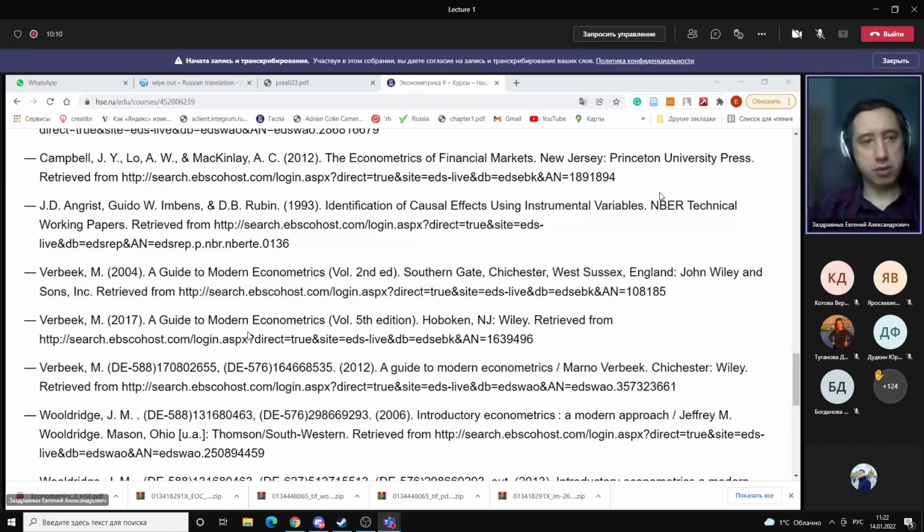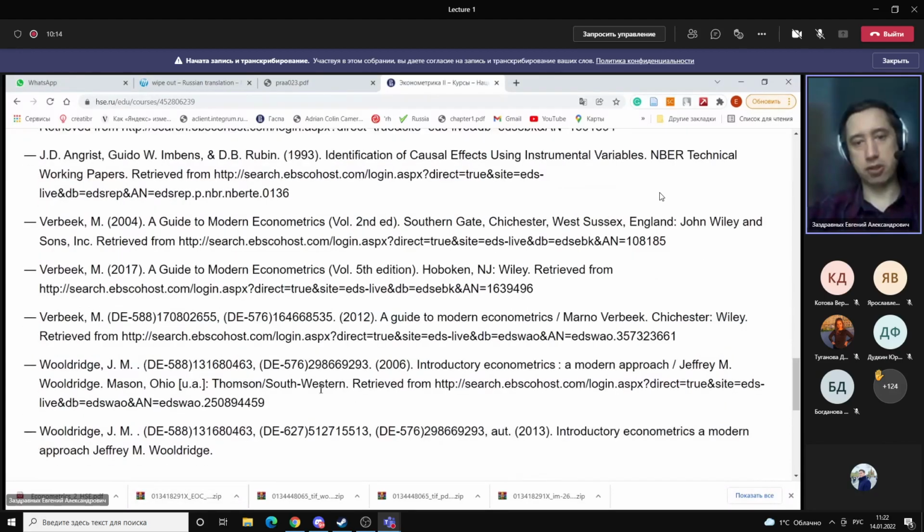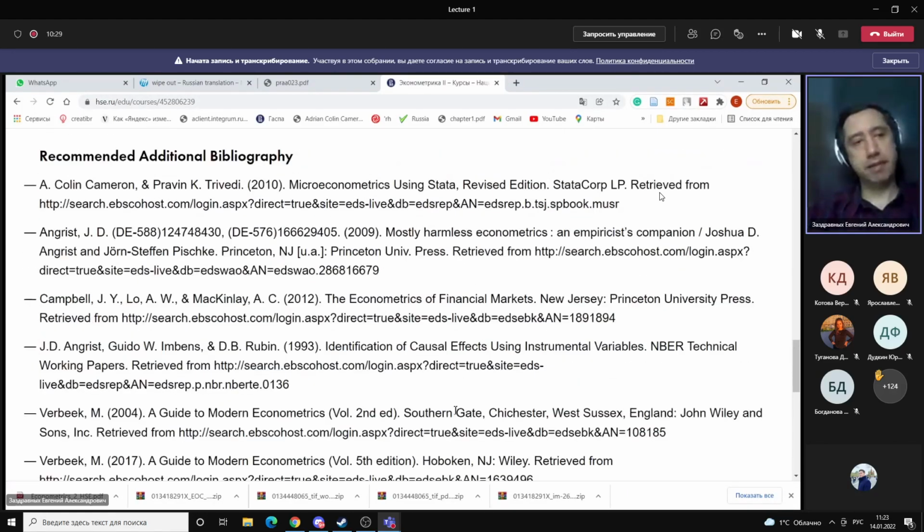Another good textbook is Jeffrey Wooldridge's Introductory Econometrics: A Modern Approach. It is very basic, but a little bit more technical than Stock-Watson's content.